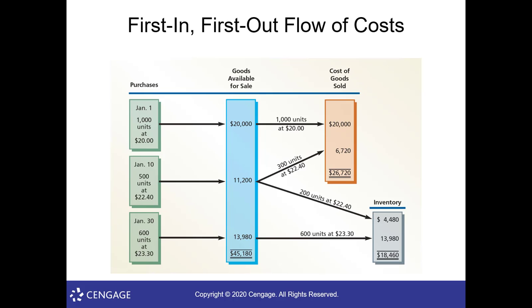Here's a graphic illustration of it. So we have 3 blocks of units, the total of which make up 2,100 units at a total cost of $45,000. We identified the 200 and the 600 units from those 2 blocks and calculated what ending inventory value was. Subtract that from the 45, and that gives us cost of goods sold.